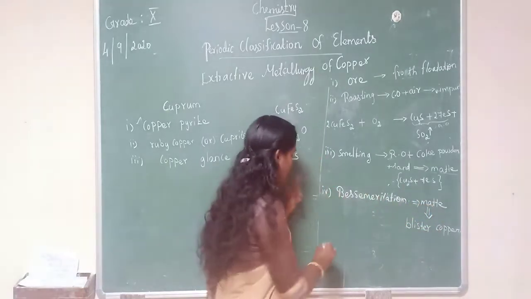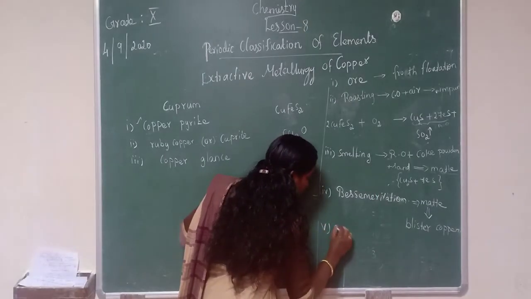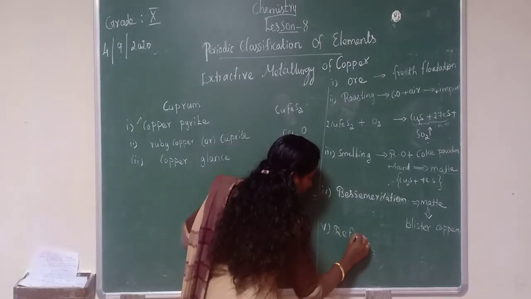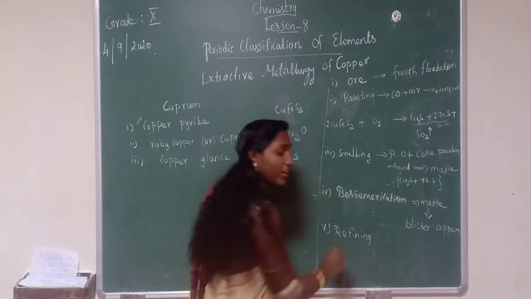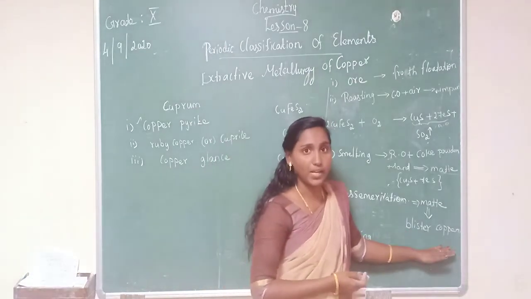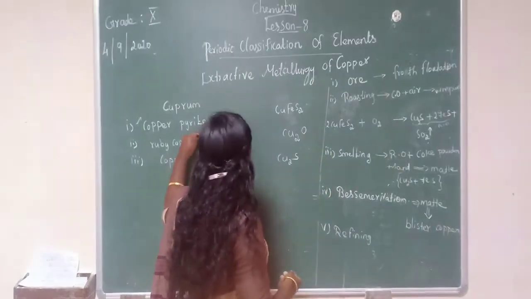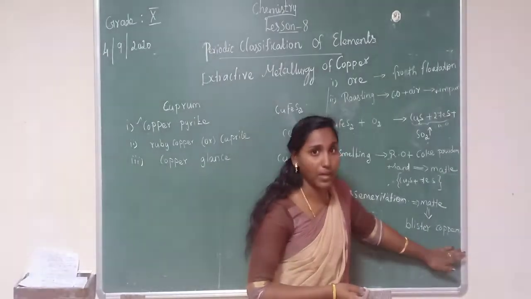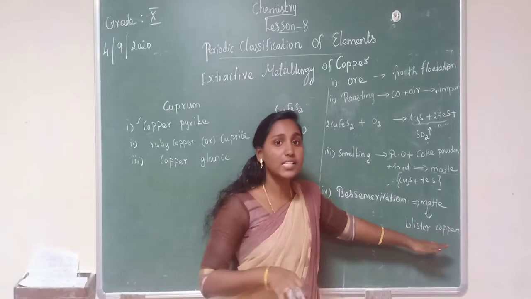Okay, the last step, refining. Refining means purification. Now we got some copper, right? So from this copper pyrite, now we got copper and we have to purify this copper.